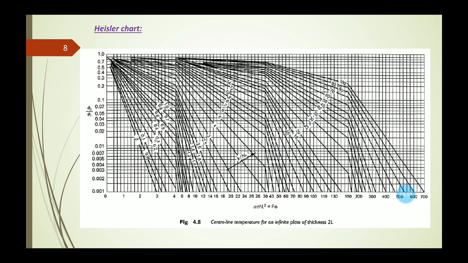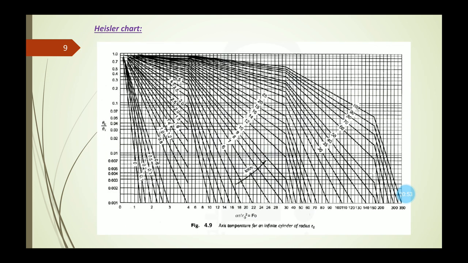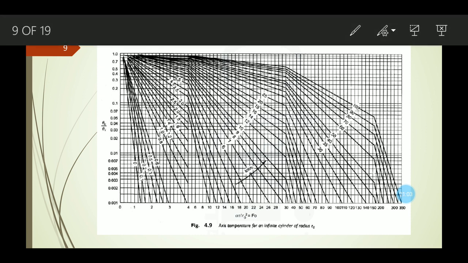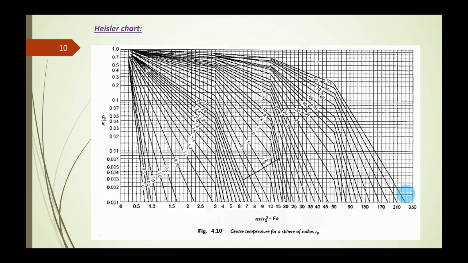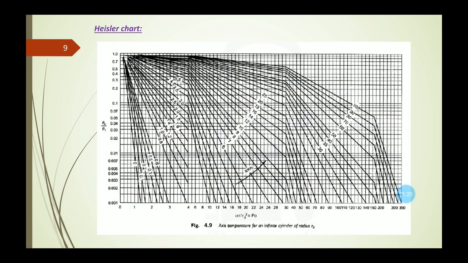Next, this is the Heisler chart in case of the infinite cylinder. And next, this is the Heisler chart in case of the sphere. So these charts will be very much useful to us when we solve different numericals.